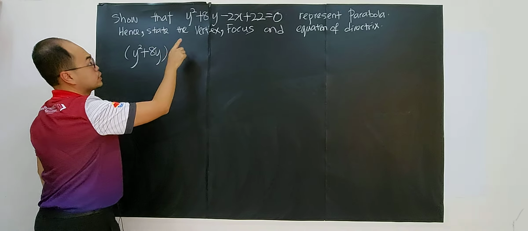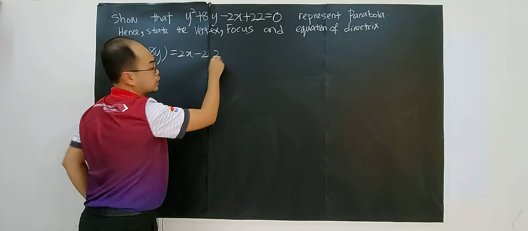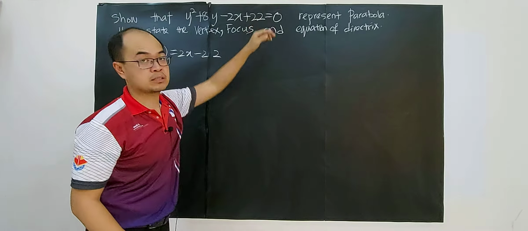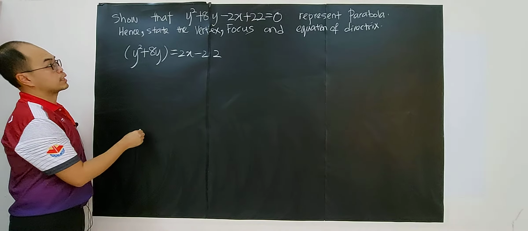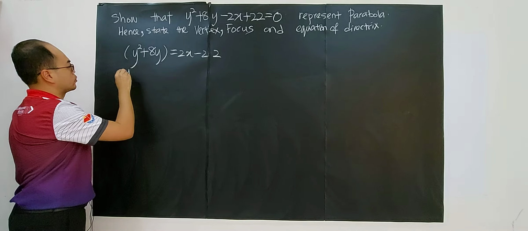So I'm going to group this and bring this over to the other side. It will be 2x minus 22, right? So I will leave this here, and this is 2x minus 22. Now I'm going to complete the square for this.